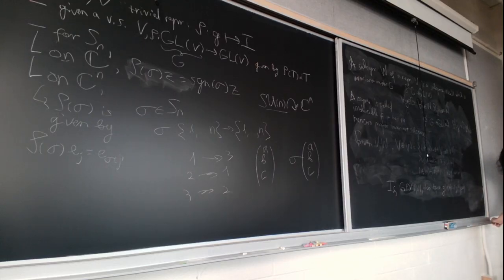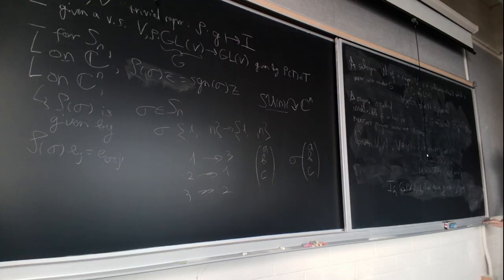This should make sense. And this is in fact a group homomorphism, and it does give linear maps. And life is good.